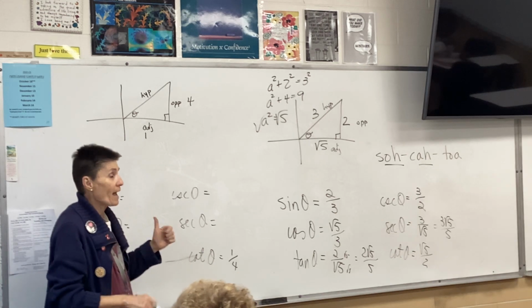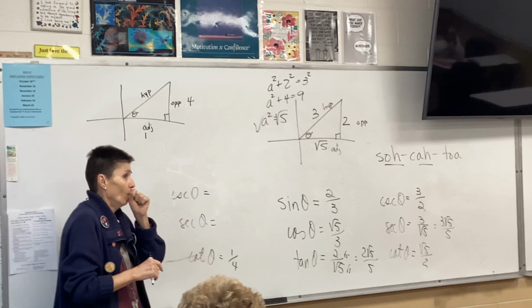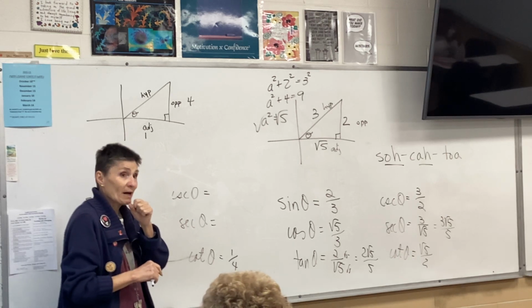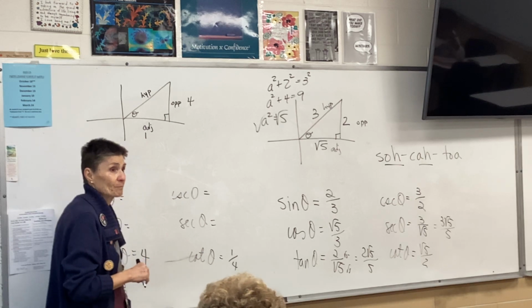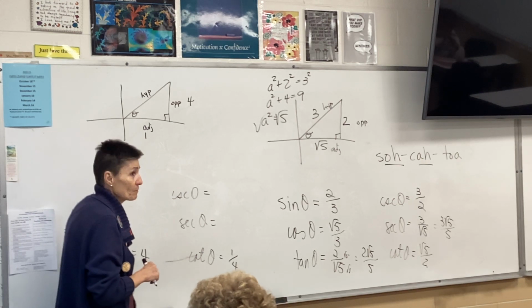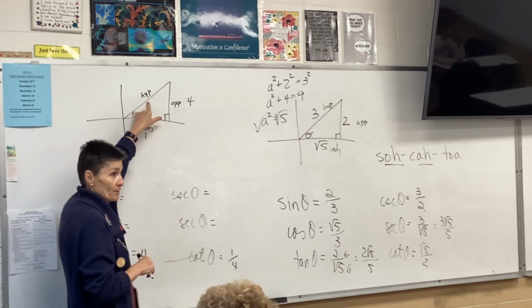Kids, if you can do that, you are home free, because what's the only other thing left? Find the hypotenuse. And how do we find the hypotenuse? Pythagorean Theorem. Now be careful, what are we looking for? The hypotenuse.